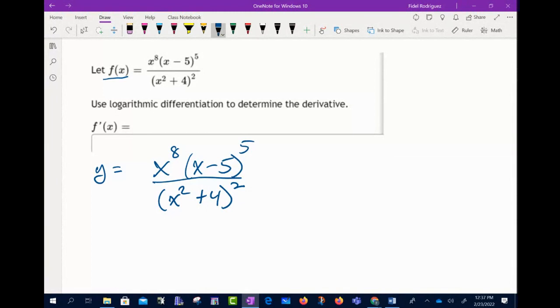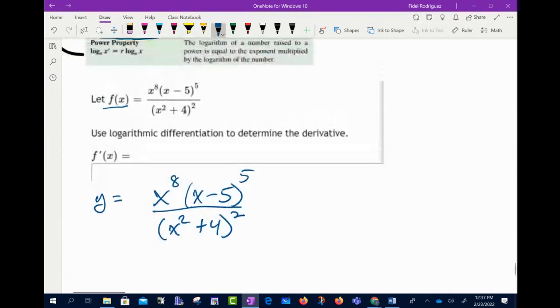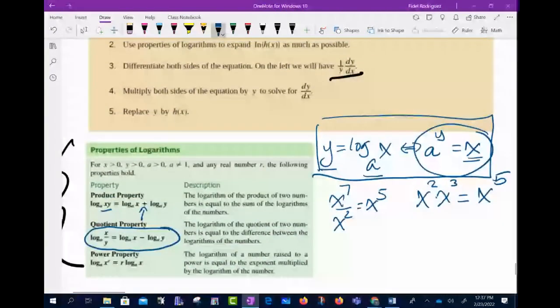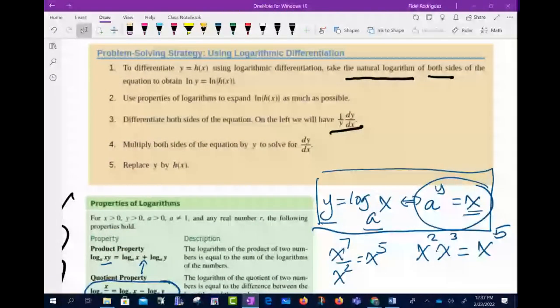My next step, y'all, is that when I'm doing this problem, we're going to start following the logarithmic rules, okay? So I'm going to scroll back up here so we can see that again. I want you to notice what it says we're going to do. We're going to take the natural logarithm on both sides of the equation, okay? So I'm going to go through my 1, 2, 3, 4, 5 here.